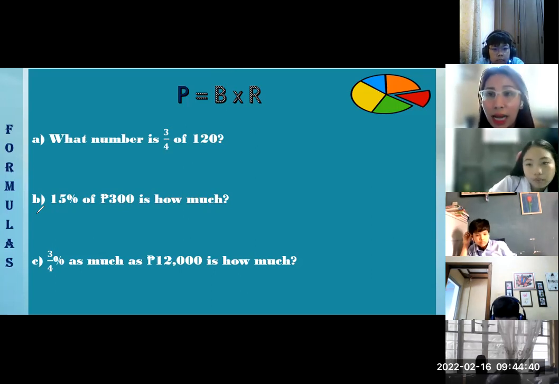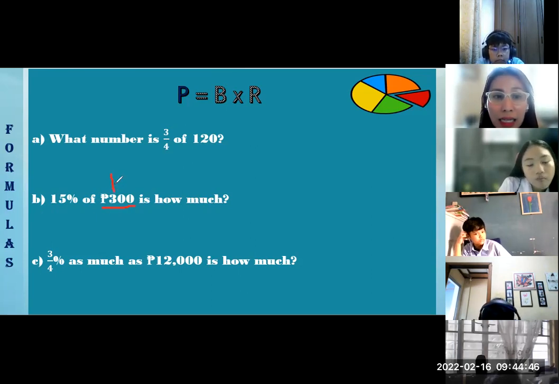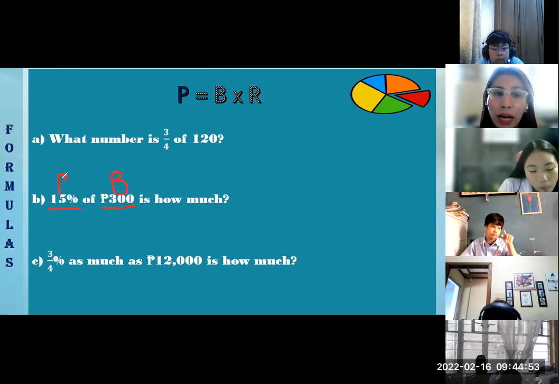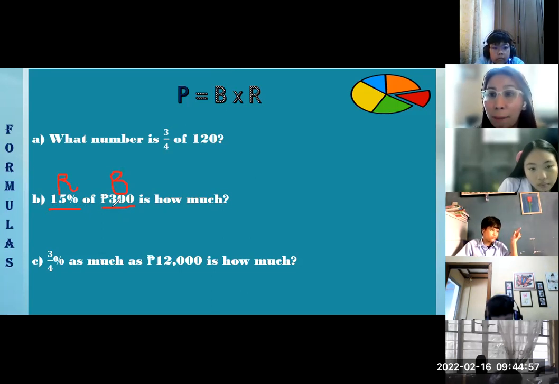Kasi 15% is just part lang ng 300. Therefore, 300 agad natin is our base. And then, 15% now is our rate. Hinahanap natin yung percentage, which is mas maliit dapat than our base.